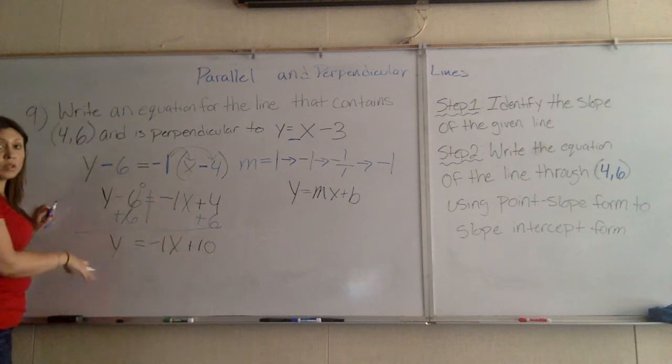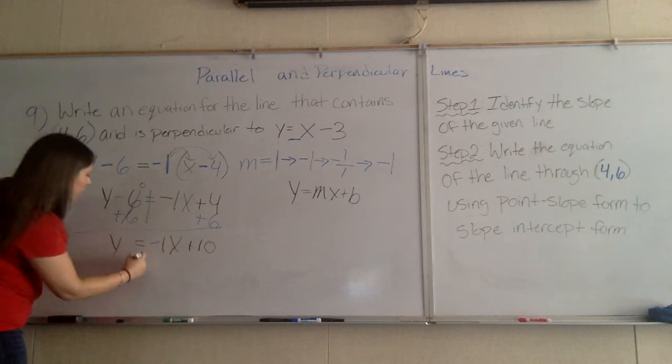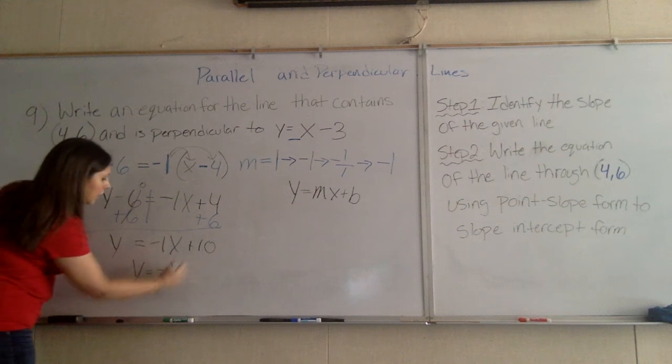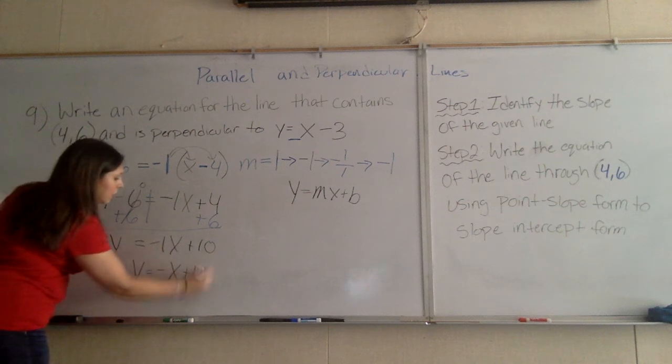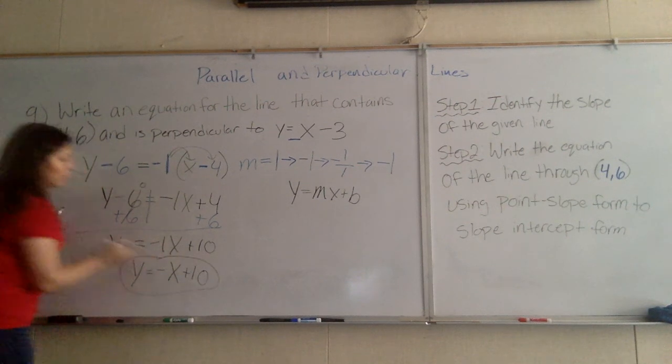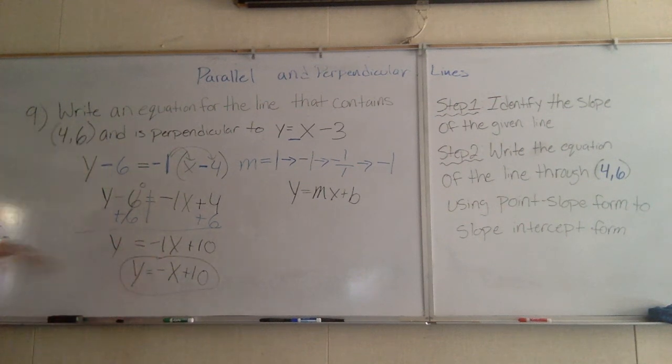Now, if I don't want to have this negative 1, I could also write it as y = negative x + 10. The proper way would be doing it without the 1. But if I still see the 1, it's not the end of the world.